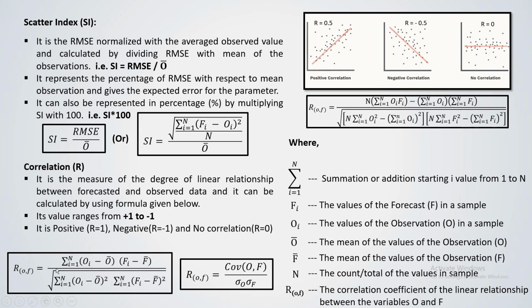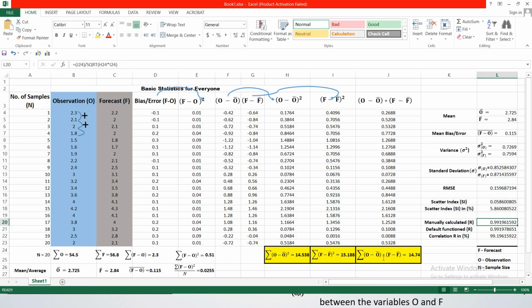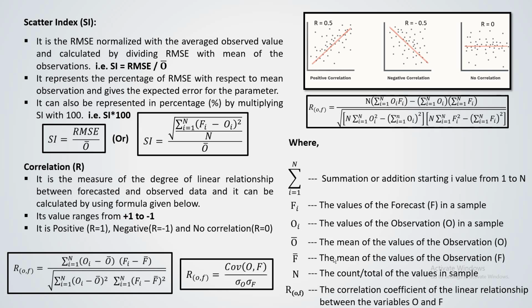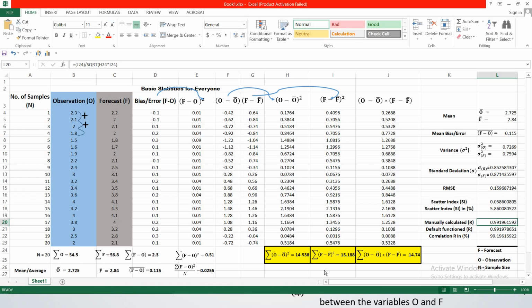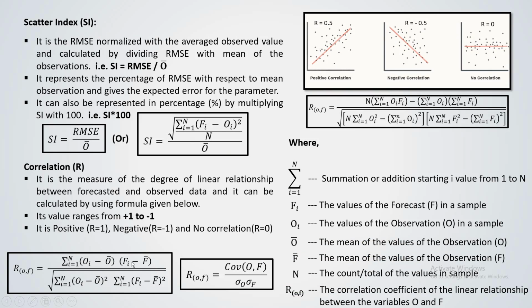If you see carefully, the numerator of the correlation formula is nothing but sigma i equal to 1 to n (Oi minus O bar) and (Fi minus F bar). The whole numerator is this. Is this term the same as the numerator of this formula?